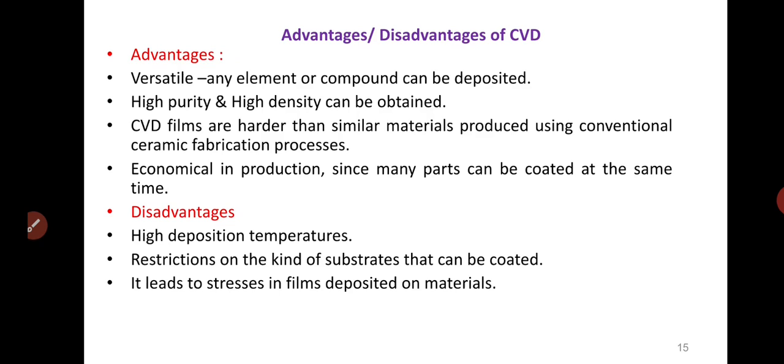The reaction temperature for the hydrogen reduction of SiCl4 is approximately 1150 to 1250 degrees Celsius.